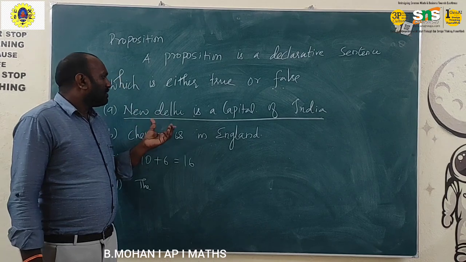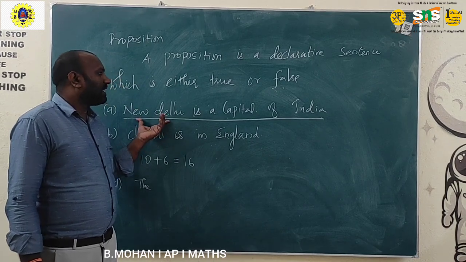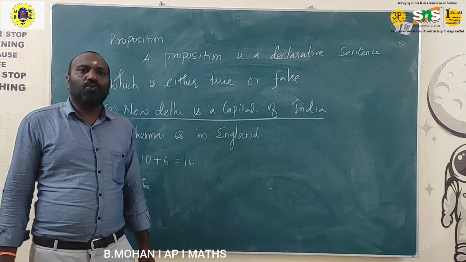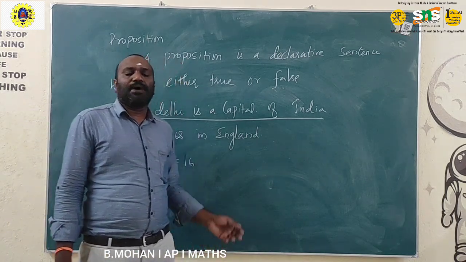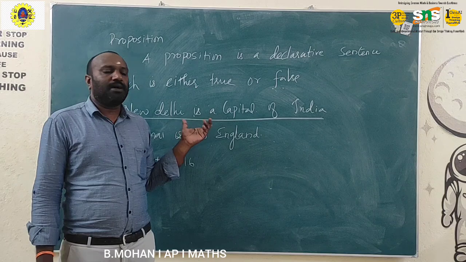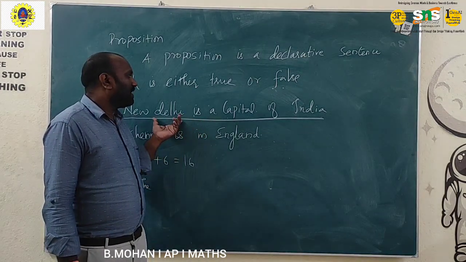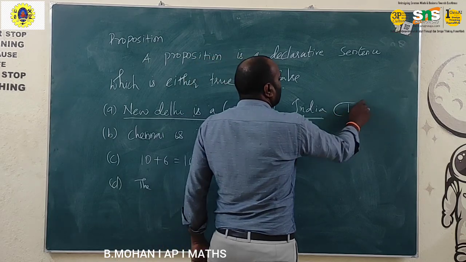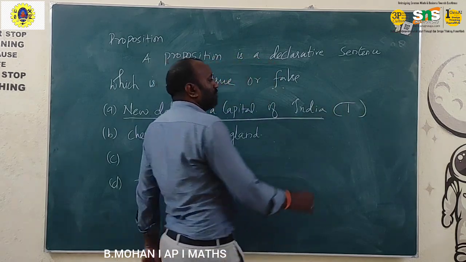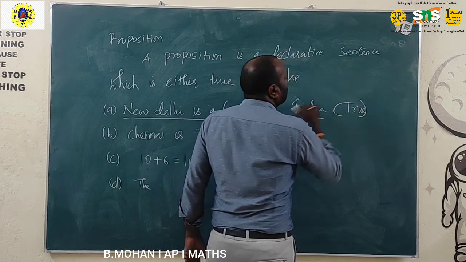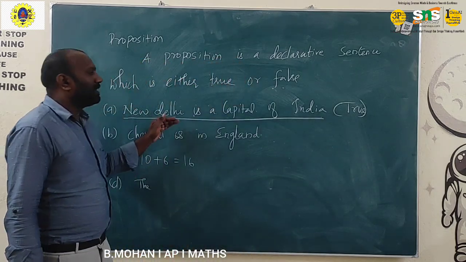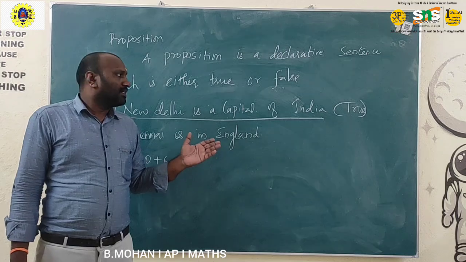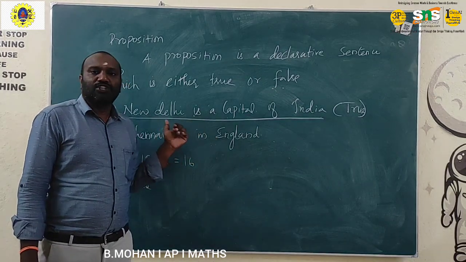So that statement is true because it is declared by the Government of India that New Delhi is the capital of India. Every person knows that the capital of India is New Delhi.